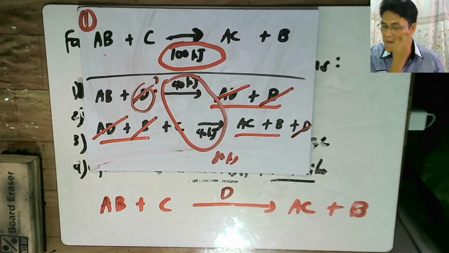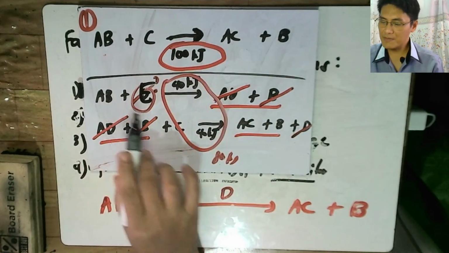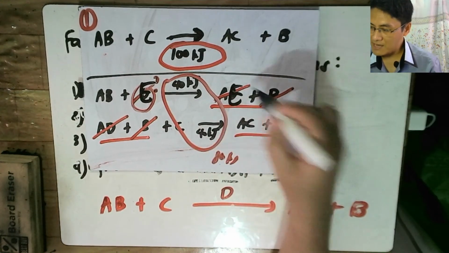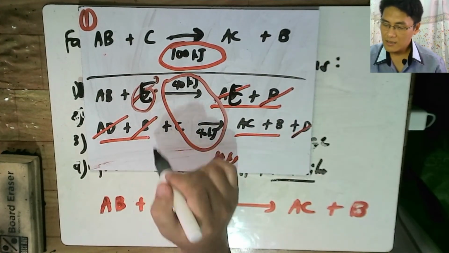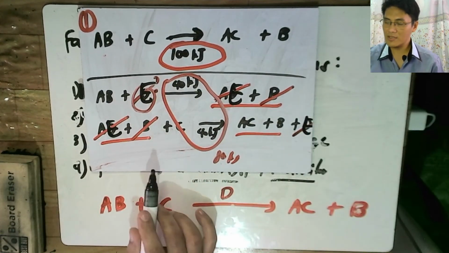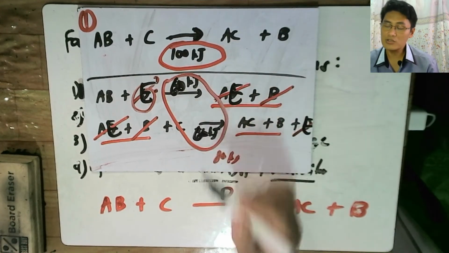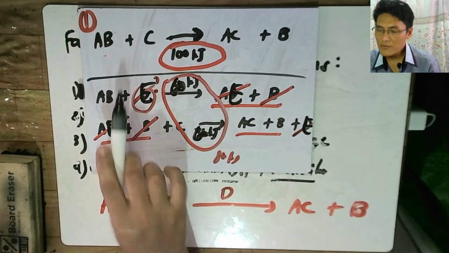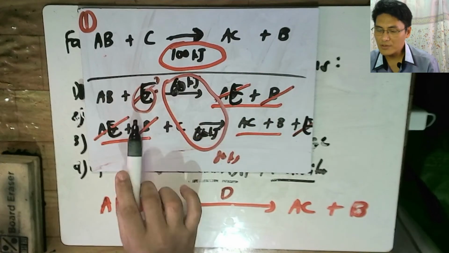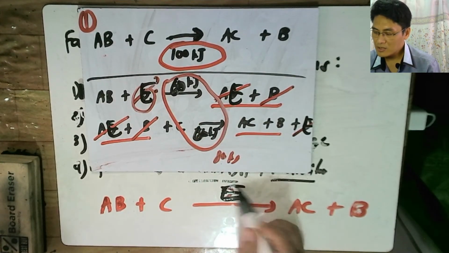It could also be that if we used E here, A plus B plus E, and then it becomes AE plus B, and then E, and again, still the same concept. It could be that this takes 60 kilojoules, and this takes 60 kilojoules. So now, if you take the direct route, it takes 100 kilojoules. But if you take these 2 steps using E, so it's not D now, using E, guess what?